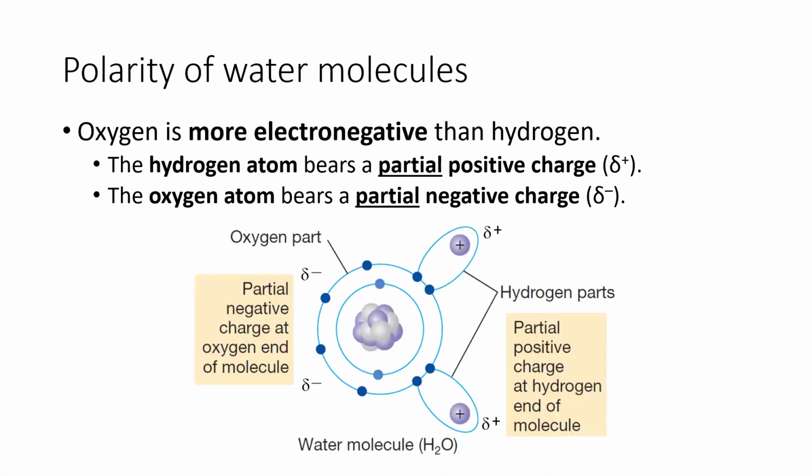Oxygen is more electronegative than hydrogen. The hydrogen atom bears a partial positive charge, or a slightly positive charge, whereas the oxygen atom bears a partial negative charge. They have two sides due to the lone pairs of electrons.